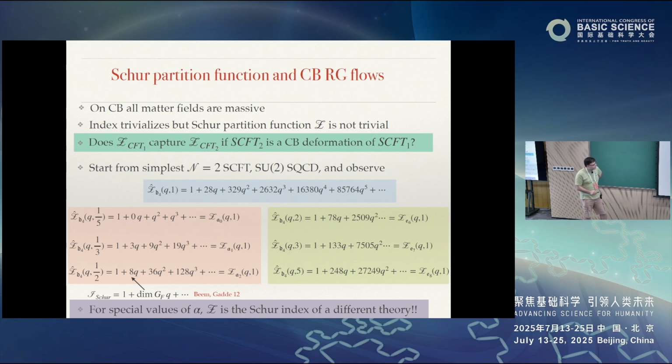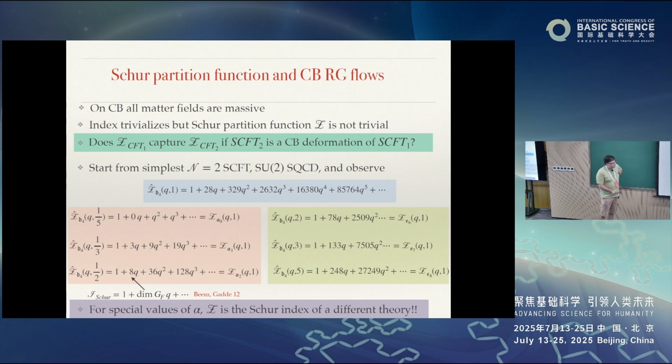So you see that the partition function of this SQCD with alpha equals 1/5 is equal to the Schur index of another theory when you set alpha equals 1 for that theory, and so on. So there is some relation between these theories, which, as I will mention soon, reside on the same Coulomb branch.